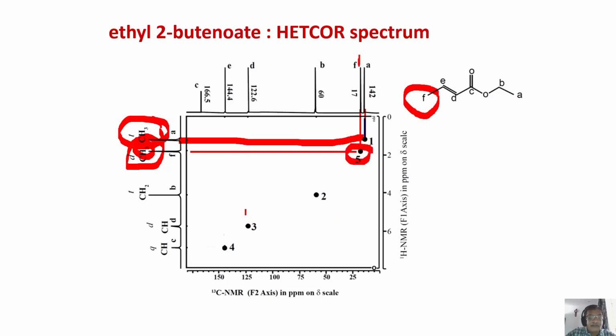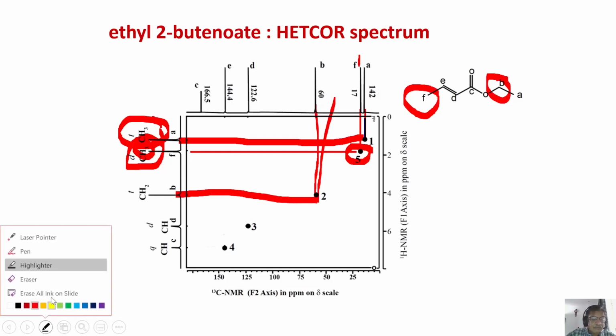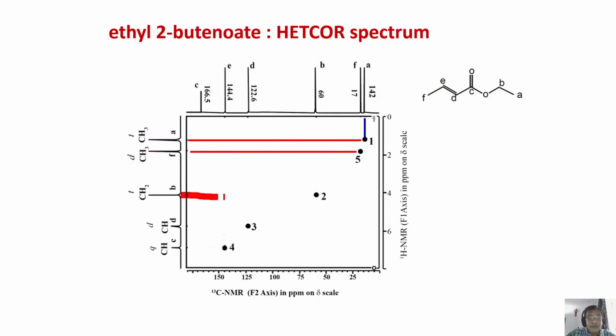Very easy. There is also CH2. CH2 is here. It is B. Go horizontally along here and then go vertically up. You see this peak.